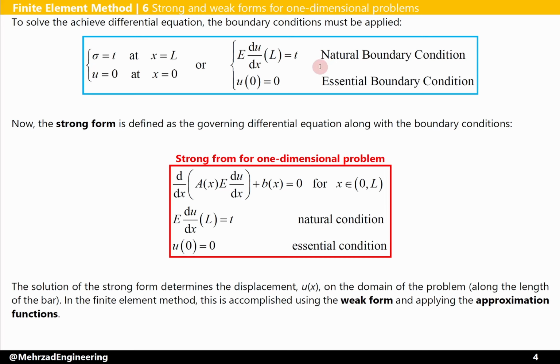This boundary condition is called a natural boundary condition, and the other boundary condition, which is u at 0 is equal to 0, is called an essential boundary condition. Now the strong form is defined as the governing differential equation along with the boundary conditions.